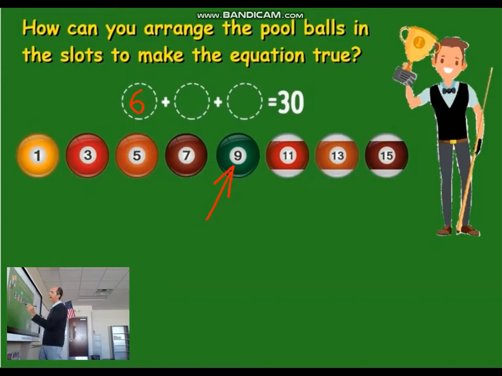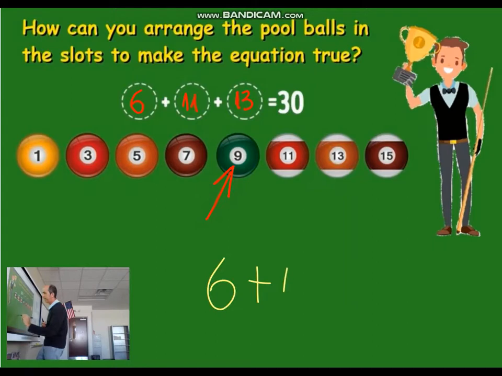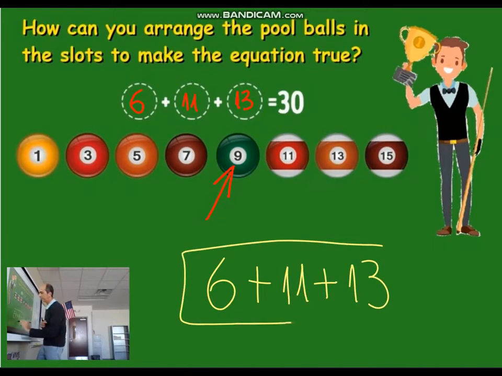And so you can add 6 plus 11 plus 13, and you will have 30 as a solution. The answer here is 6 plus 11 plus 13.